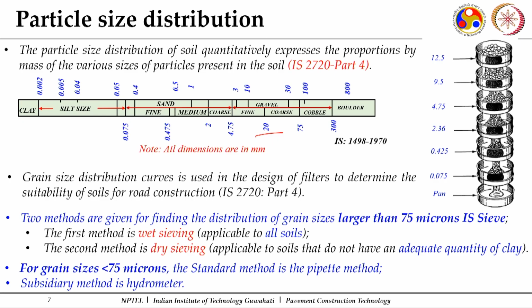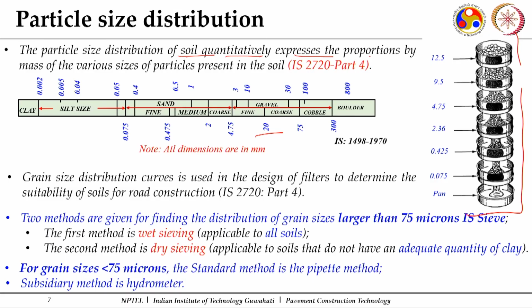But practically, working with these sieves, the gradation is possible up to a certain sieve size only. Below those finer sizes, it is not possible to do using these different sieves. So we will look into it.